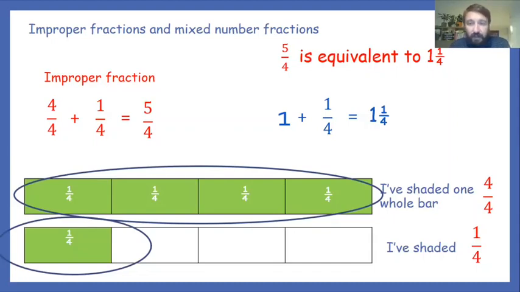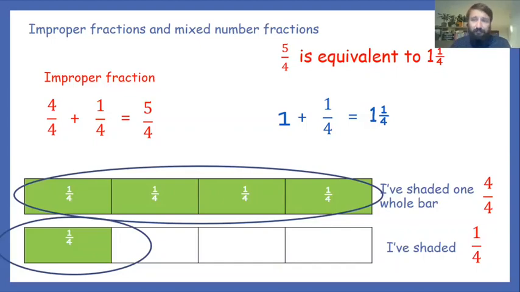So just to go over that, 1 whole bar, which is equal to our 4/4, and 1/4, which we can see down there. So 5/4 is an equivalent fraction. Hopefully you'll remember our equivalent fraction work, where fractions may look different by numbers, but have exactly the same value. So 5/4 has the same value as 1 1/4.